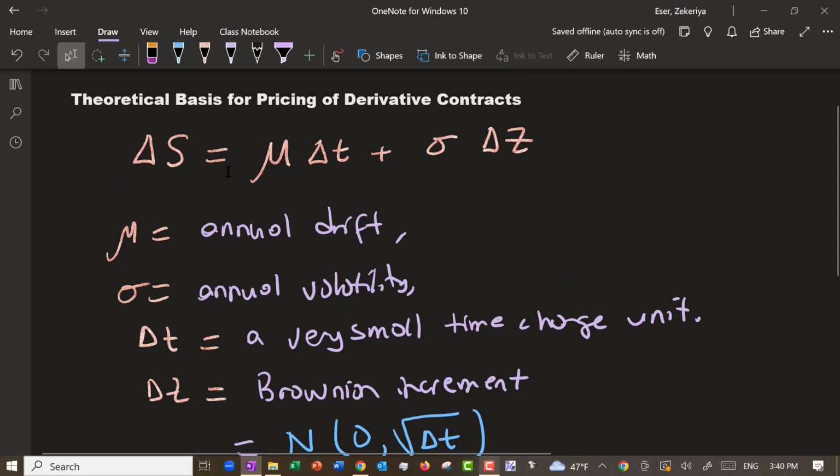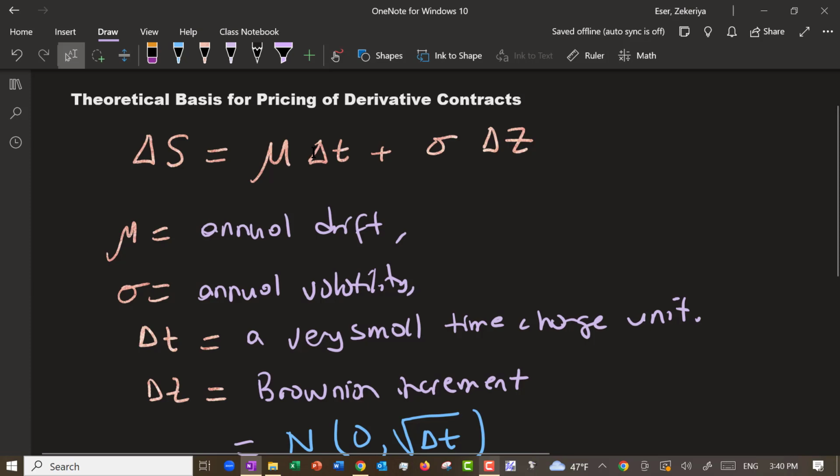What this equation says is that the change in the price of an asset is equal to basically a move on the trend. If this random part was 0, this would be a constant number per unit of time.